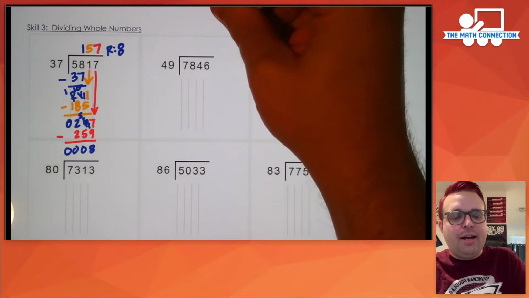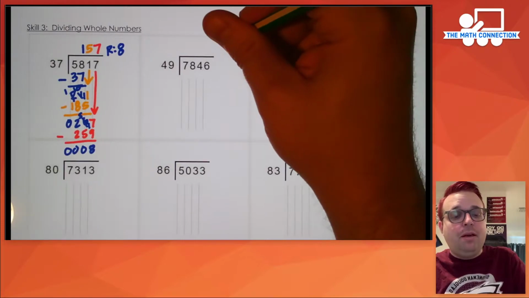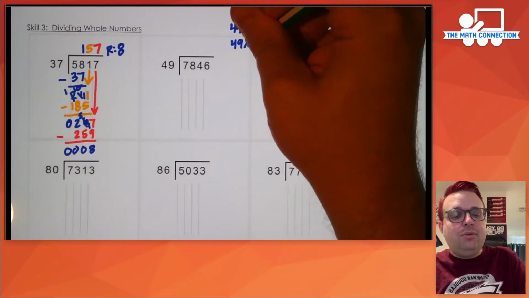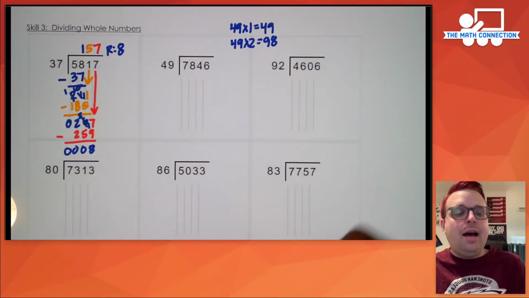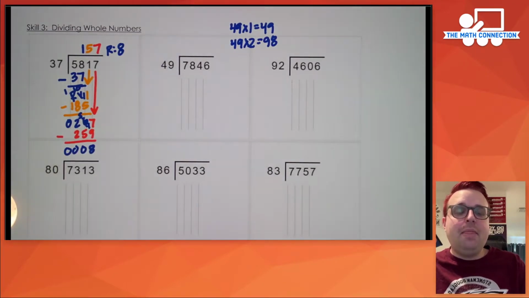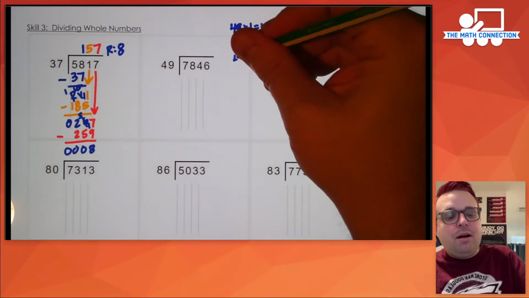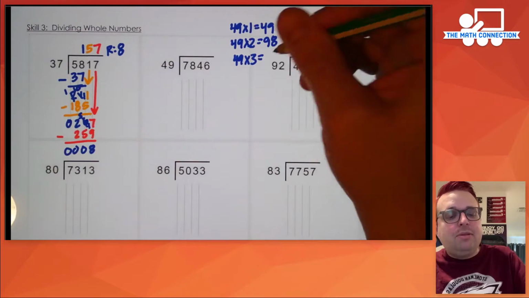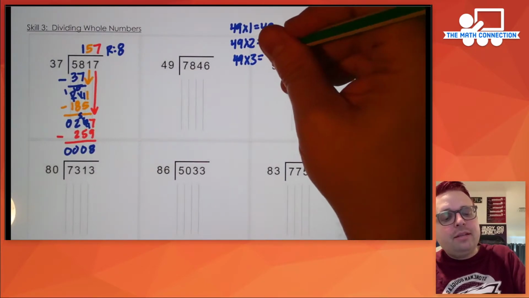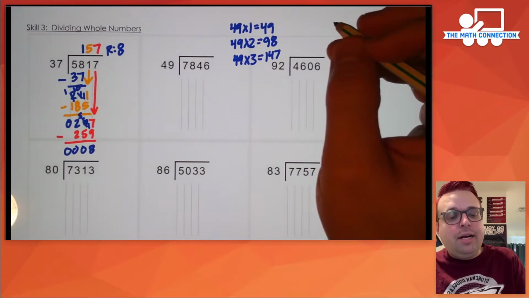So 49 times 1 is 49. 49 times 2 is 98, and I know that because 50 times 2 is 100, and if you take away 1 from 50 2 times, that's 100 minus 2, which is 98. So next, we have 49 times 3. That's going to give me 147, and so on and so on.